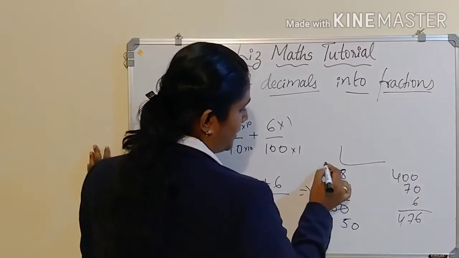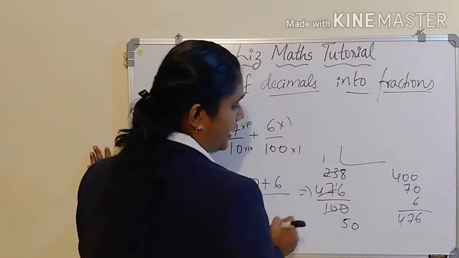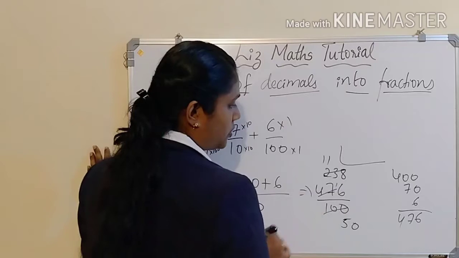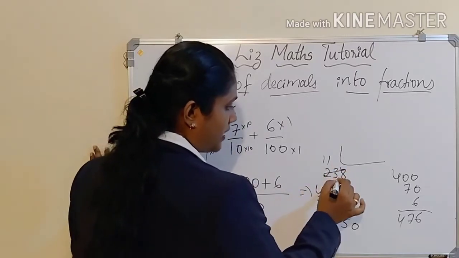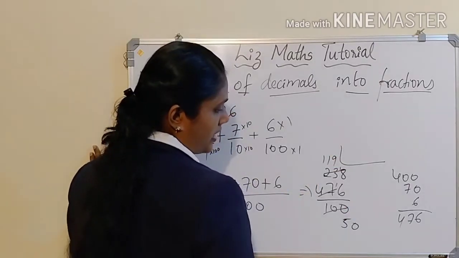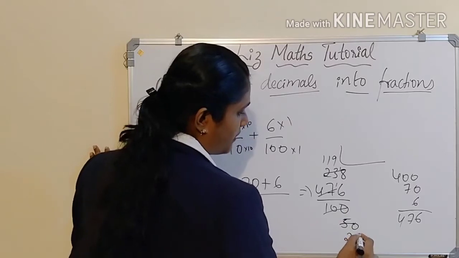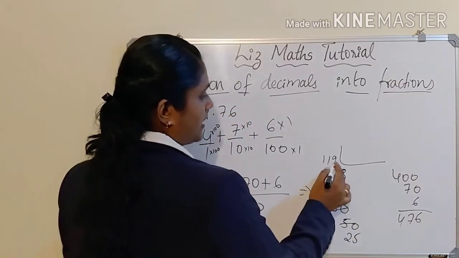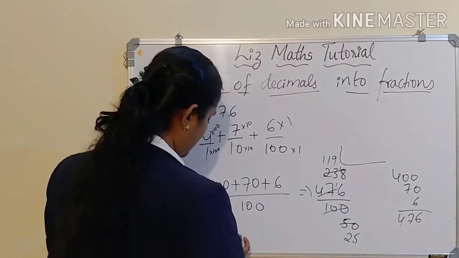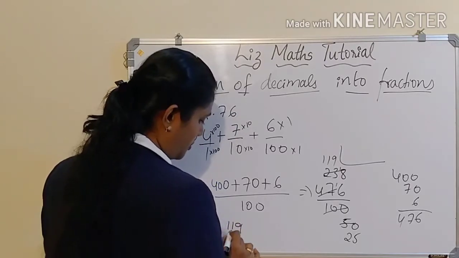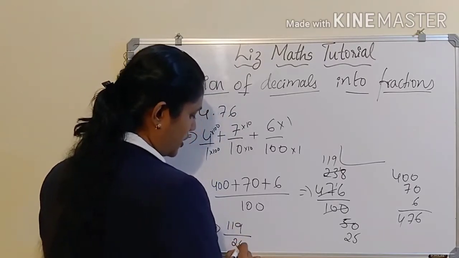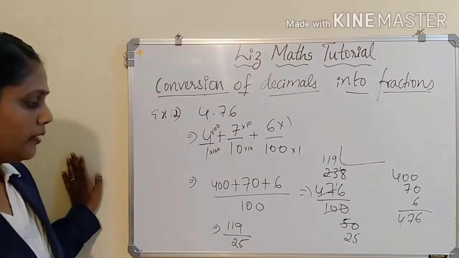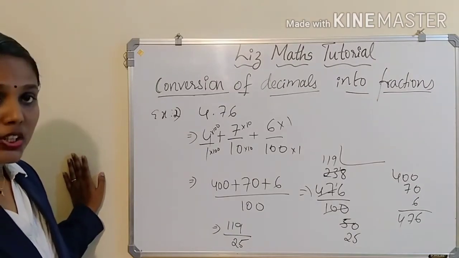Again go for 2 table, 2 1s are 2. Then here 3 is there. So again 2 1s are 2, 1 is remaining, 2 9s are 18. Then 2 25s are 50. Again 119 will not go with the 2 table. Then here 25. 119 divided by 25.